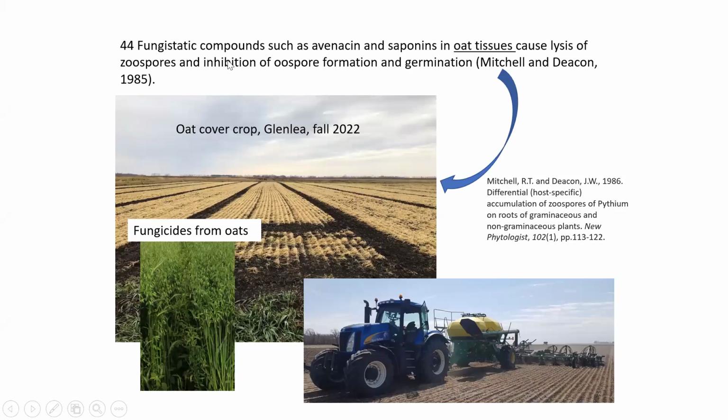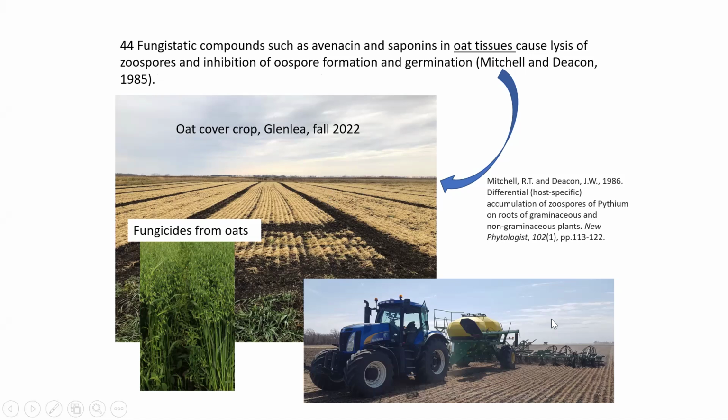So even oats are known to produce 44 fungistatic compounds that cause different spores of pathogens like fungi to die. And so there are all kinds of opportunities to reduce that problem.